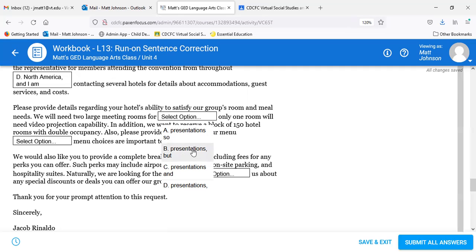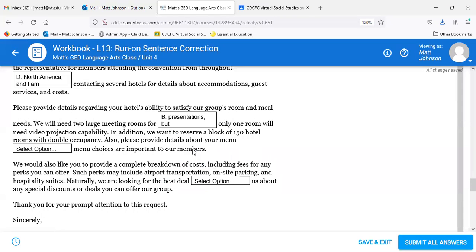If all else fails, just look to see which ones have a connecting word and punctuation. The other ones don't have any punctuation, well, except for D, but they don't have the connecting word. B has both punctuation and a connecting word.